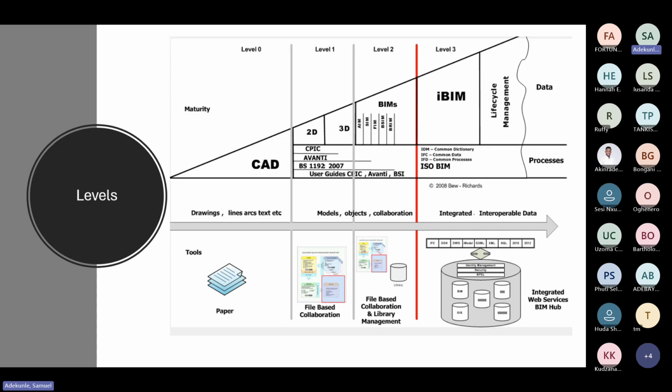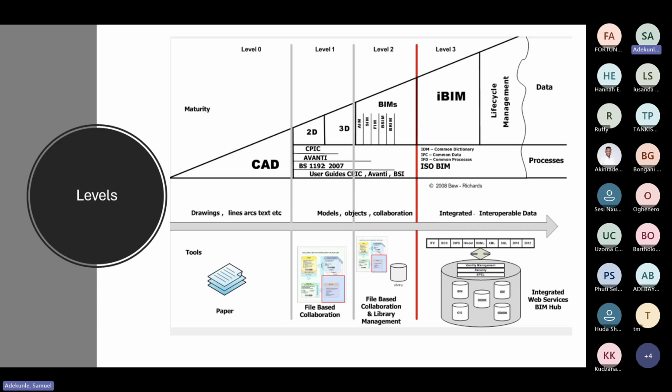Okay, and then you are talking about the lifecycle management of projects, etc. But heavily here from level 3 onwards, you have a very big reliance on data transfer and data management. And you have a very seamless interoperable process within software, project stakeholders, among others. So it means they can transfer project information from point A to point B without losing any data, irrespective of the software they are making use of.